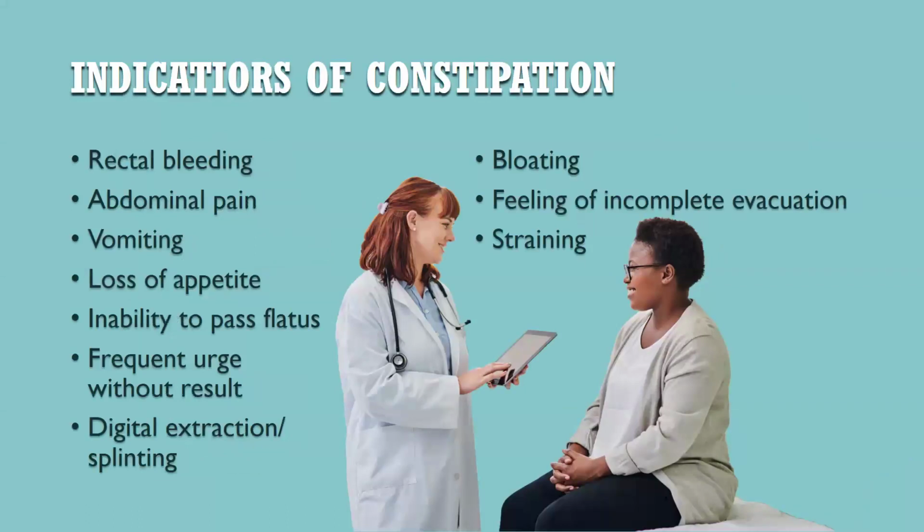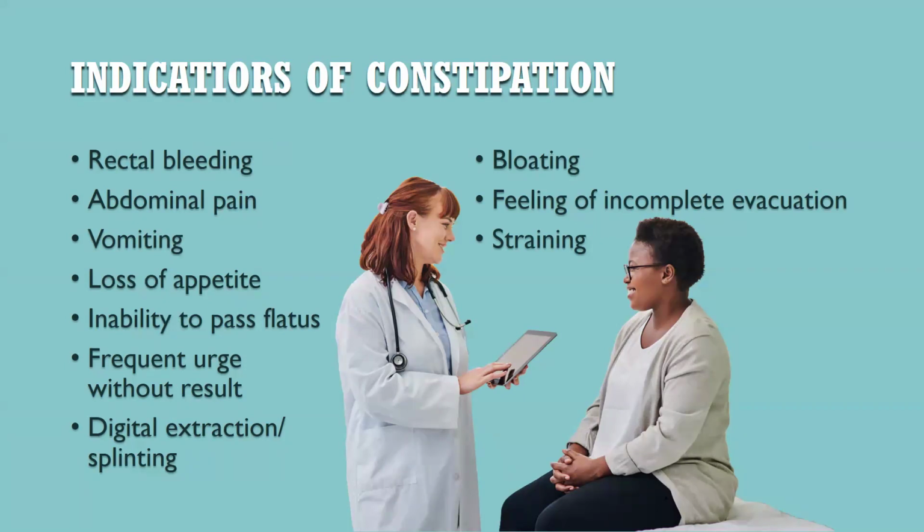So, indicators of constipation. If you have a client who's complaining of rectal bleeding, especially if it's bright red, that could be a sign of constipation. Abdominal pain or cramping, vomiting, loss of appetite, the inability to pass gas, and a frequent urge to use the bathroom but not being able to produce a stool.